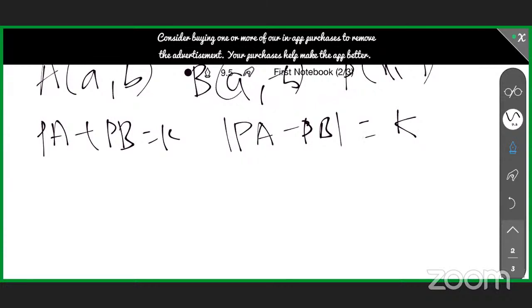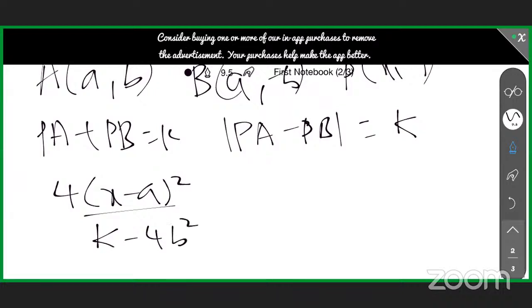Then the equation will be like this: 4(x minus a) whole square by k square minus 4b square, plus 4y square by k square is equal to 1.